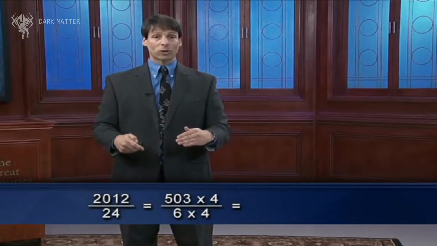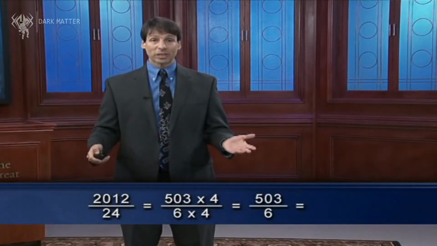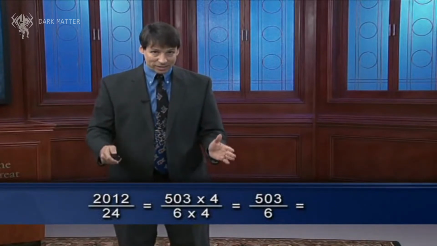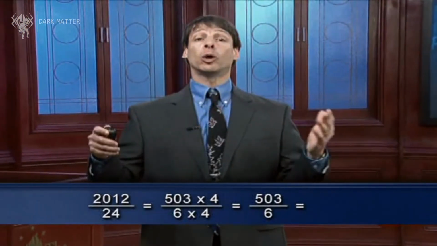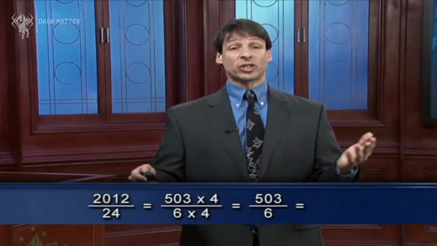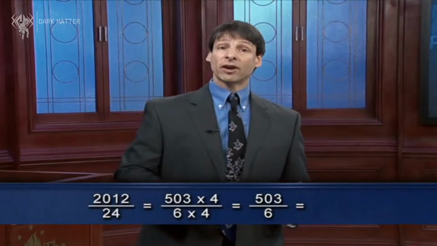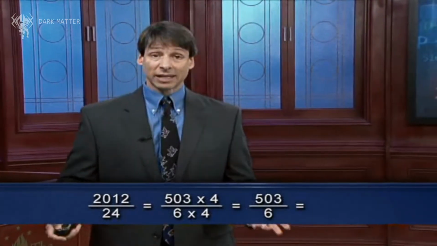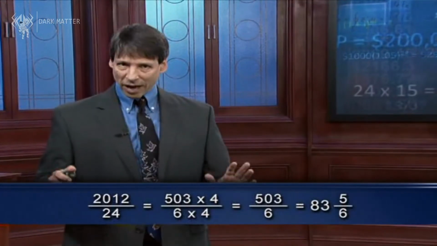So you could do 2012 over 24, and that simplifies to the problem 503 divided by 6. Thus, we've reduced our 2-digit division problem to a 1-digit division problem, which is easier to do.